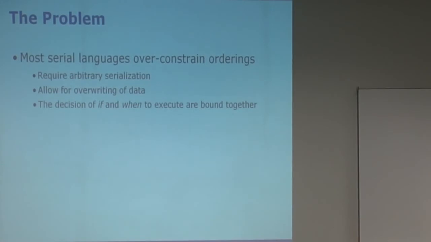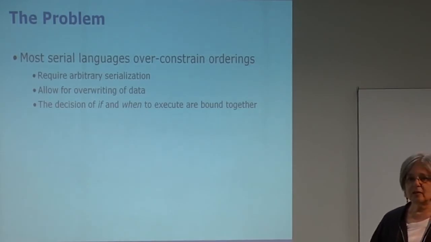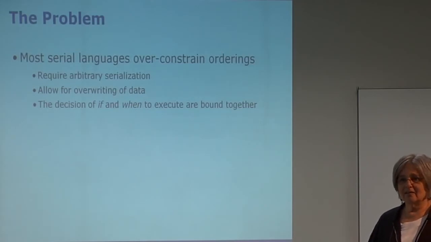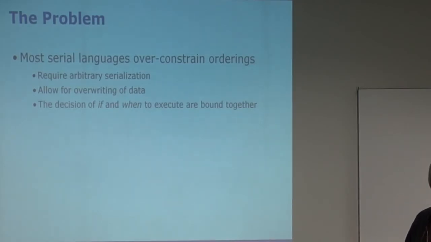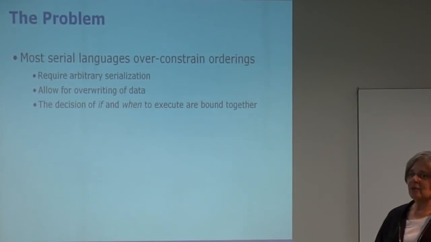Most serial languages are over-constrained. They're explicitly serial languages. So if you have two computations, A and B, and there's no required ordering, in a serial language you need to put A and B in some order. That's unnecessary, and then the compiler has to try to figure out that they don't need to be in that order. Sometimes that's easy, and let me tell you, sometimes it's not. They also talk about location, so a particular location in an array, for example.